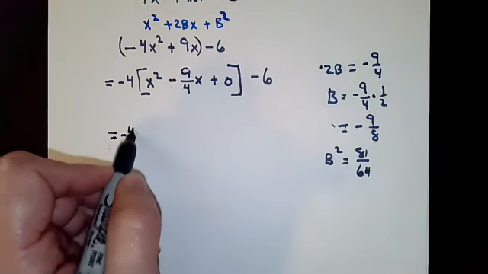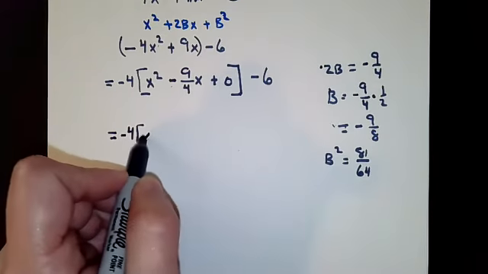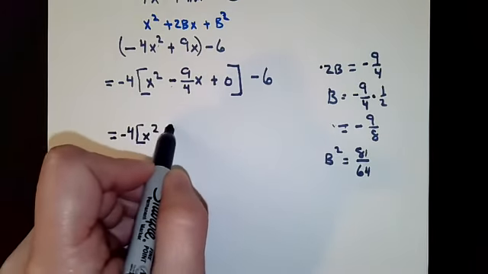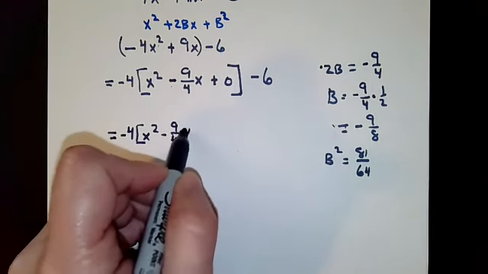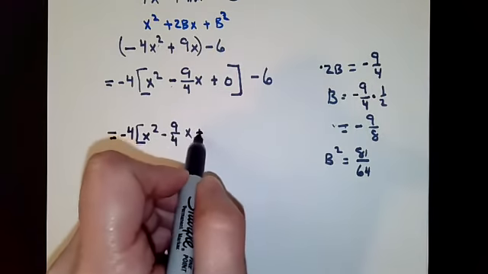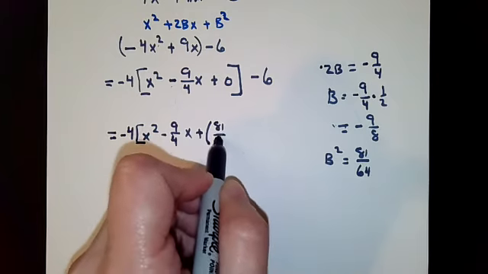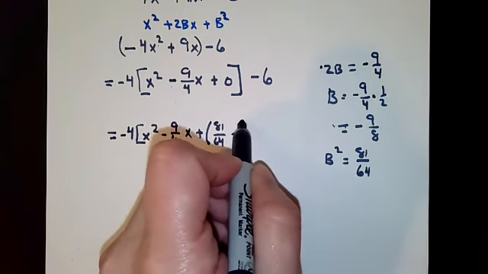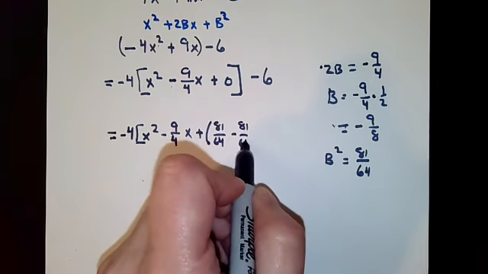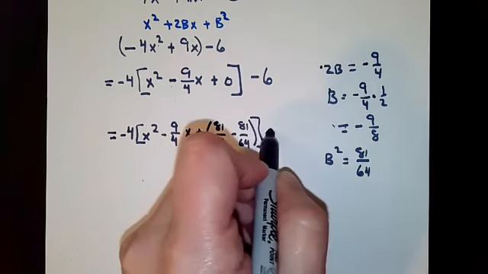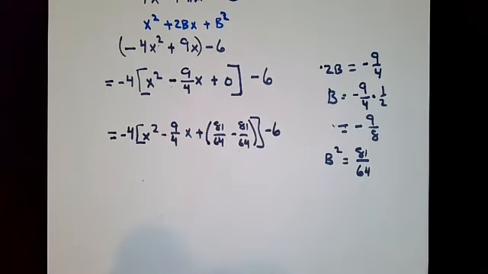So -4, the x squared minus 9/4 x plus, we'll have 81/64 minus 81/64. The -6 is still on the outside.